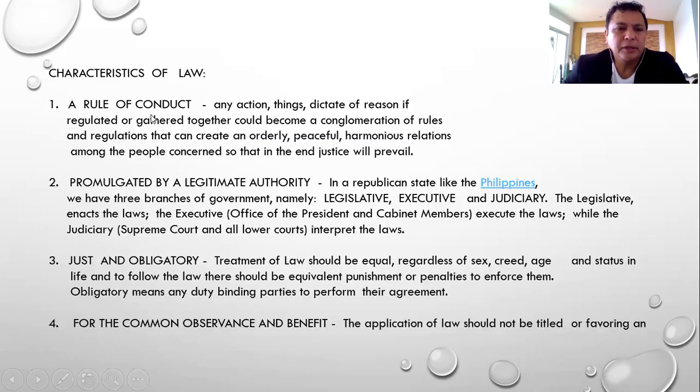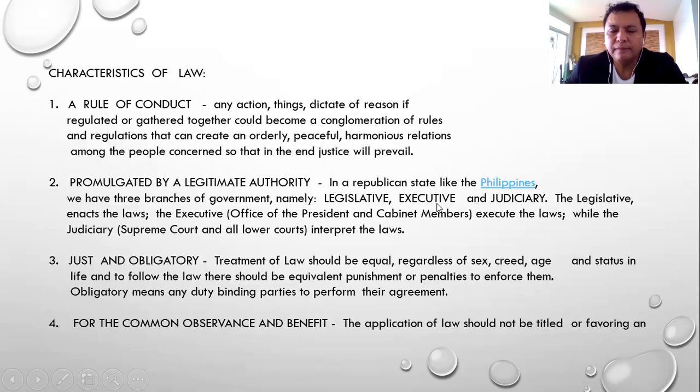The second characteristic of law is that it is promulgated by legitimate authority. I've already discussed this, and it is the legislative branch who enacts the laws. Now, there are two other branches in the government, namely the executive and the judiciary. Now, what are their respective roles about the law?